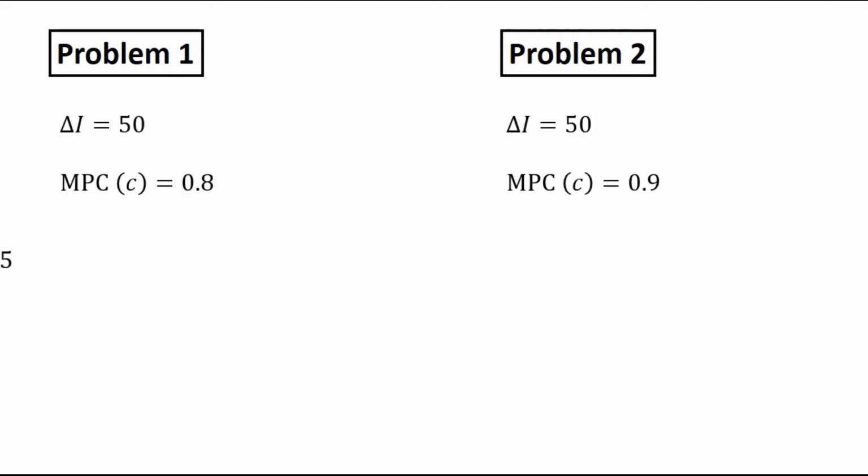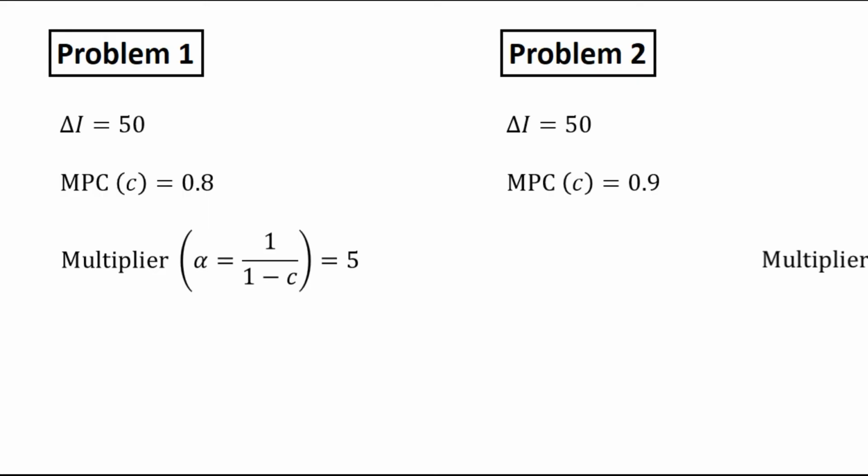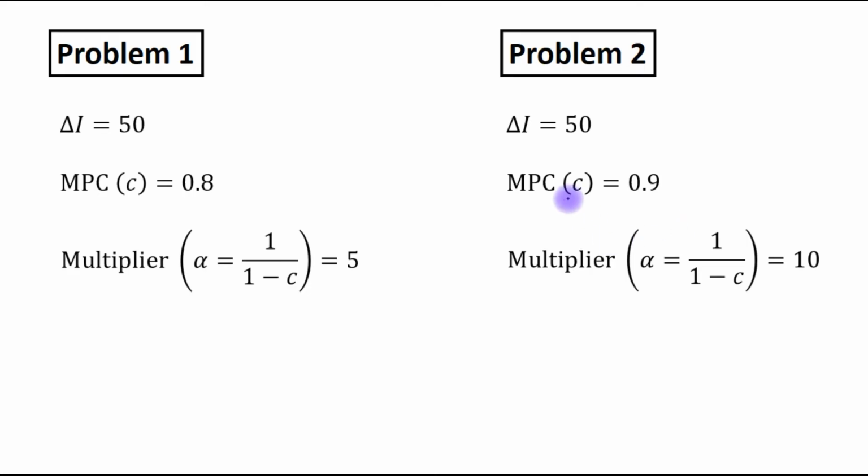Okay, the value of multiplier in problem 1 was 5 whereas in problem 2 it is 10 because of higher MPC. Change in equilibrium income was 250 in problem 1 whereas change in equilibrium income in problem 2 is 500.